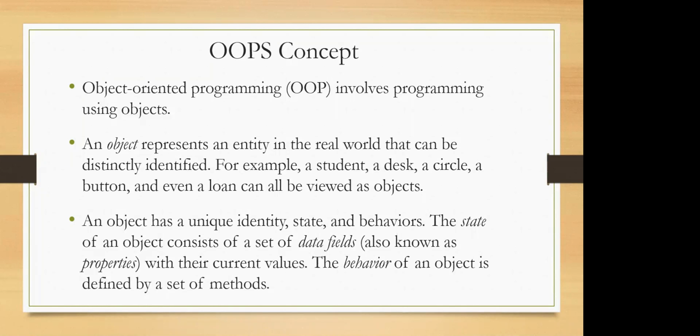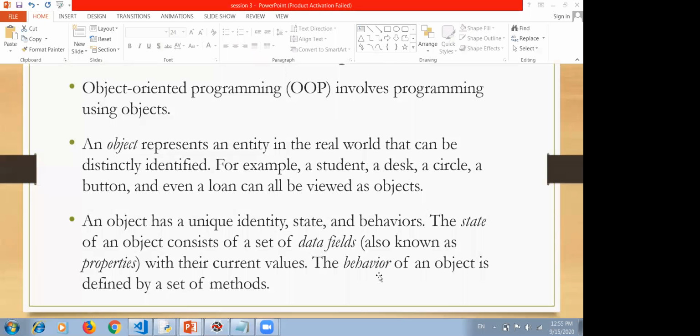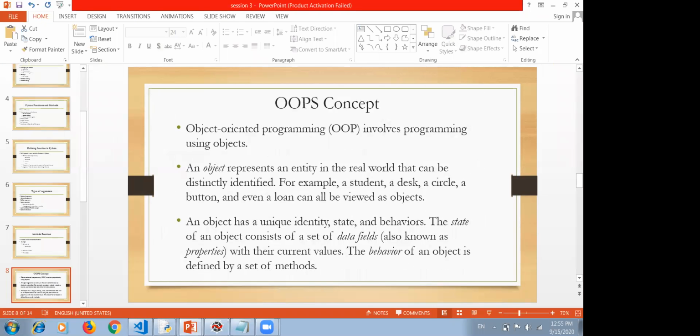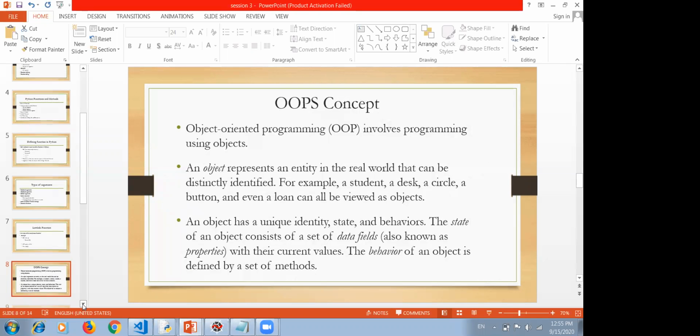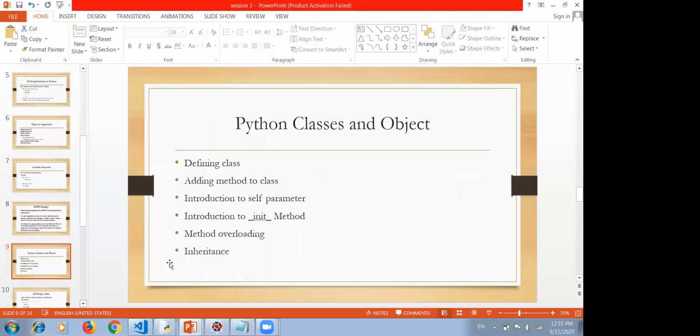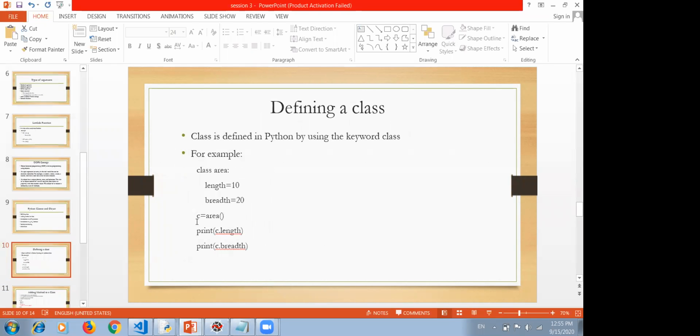So in programming also, instead of a function, we create a class and then create an object of that class. Now let's see how to create a class in Python. In Python, a class is created using the class keyword.